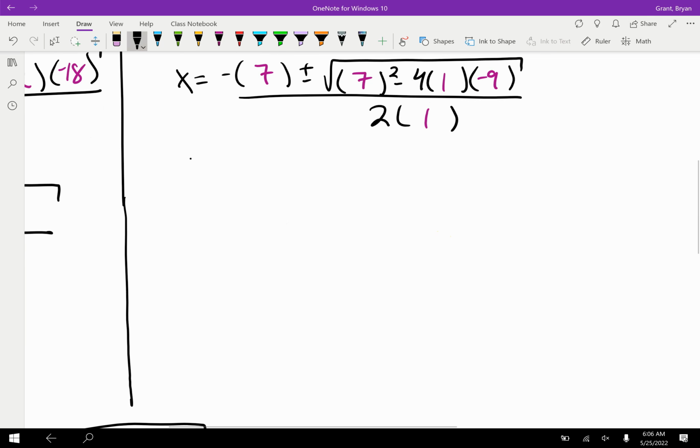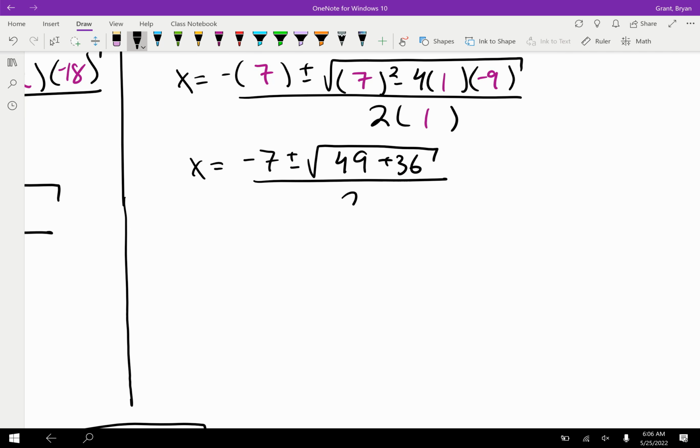And now cleaning this up is much easier. We have 49, and then this is going to be plus 36, over 2. And take a look at this. 49 and 36, that's 85, over 2. Ha! We already have the answer. Man, oh man, that would have been nice to start with, wouldn't it?